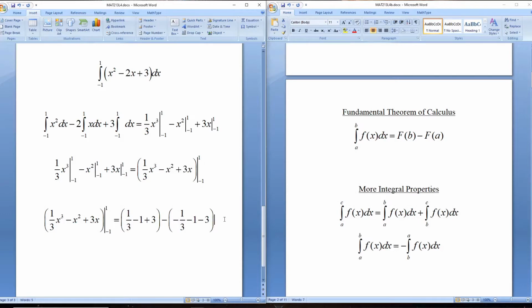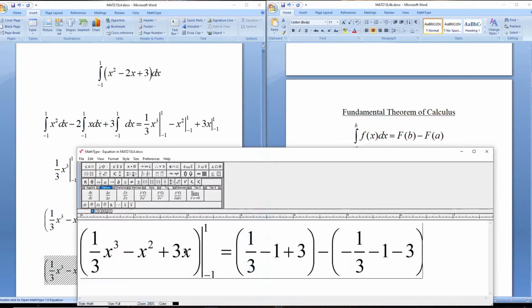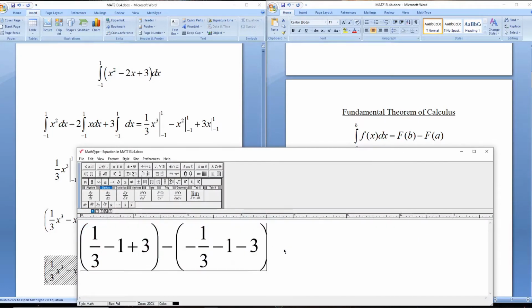And so here's the statement we now have after doing the fundamental theorem of calculus. And then the last thing to do would just be to do a little arithmetic there and clean it up. It is important to use parentheses here because this minus sign in the fundamental theorem of calculus will distribute if you have multiple terms there. So it's always safe to use parentheses.